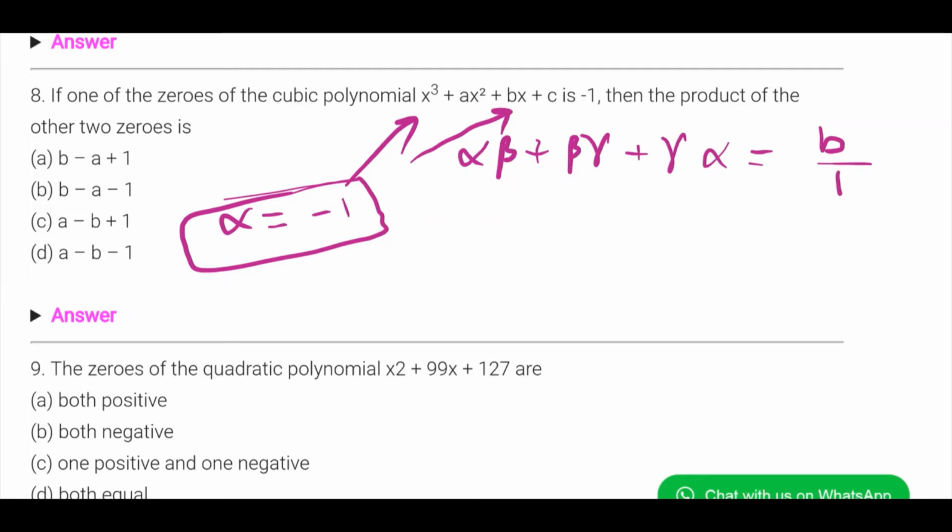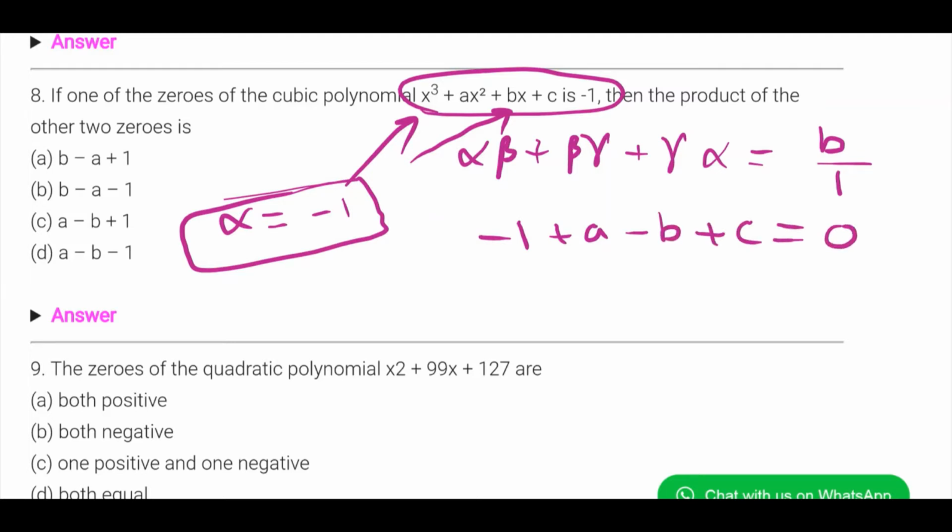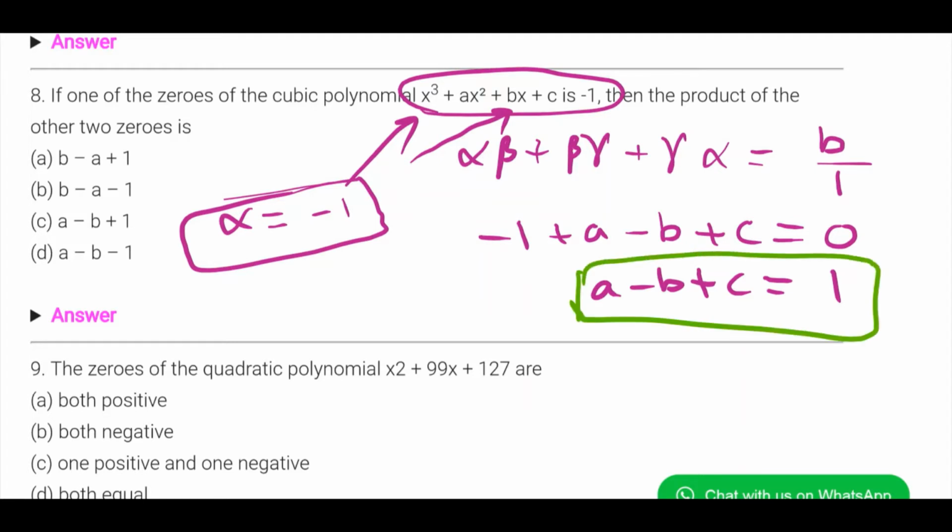Or else we'll just substitute the value of alpha directly in the equation. We will get minus 1 plus a minus b plus c equals 0. Here you will get a minus b plus c equals 1. So this is the one equation we got.